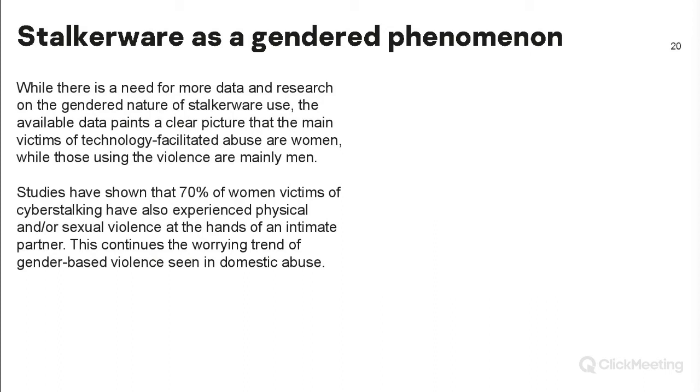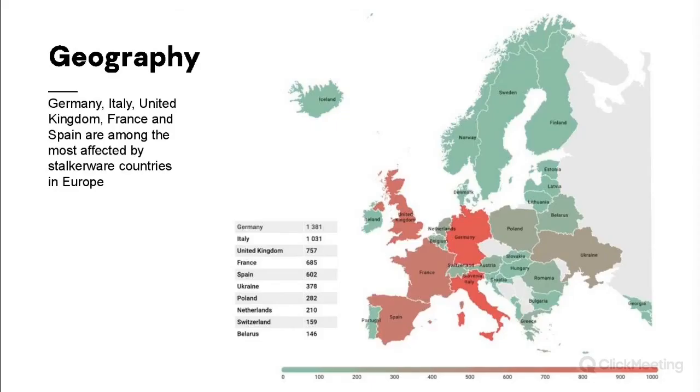And while there's need for more data and research on Stalkerware, on digital violence, the data we receive also from other sources, from European institutes, is that definitely this is a phenomenon where abusers are mainly men and victims are mainly women. And this is something that is important to be aware of as well.